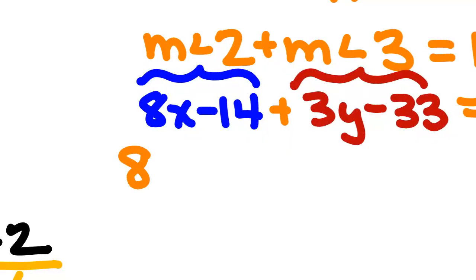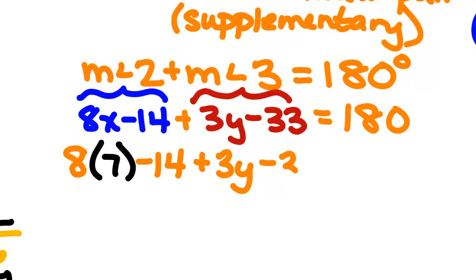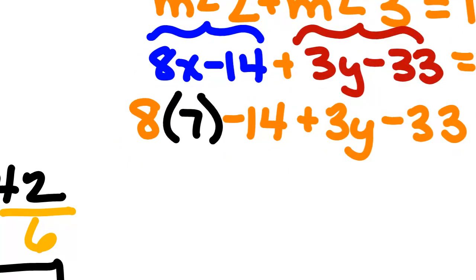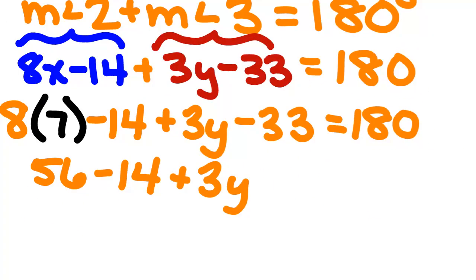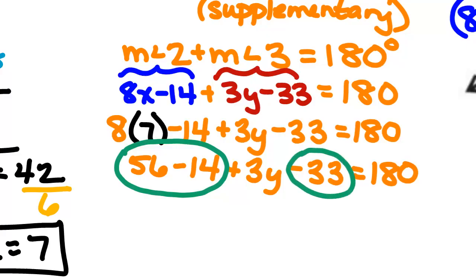Substitute 7 in the place of x. So I have 8 times 7 minus 14 plus 3y minus 33 equals 180. What is 8 times 7? 56 minus 14 plus 3y minus 33 equals 180. I'm going to take the 56 minus 14 and the minus 33 and combine those all together at the same time.